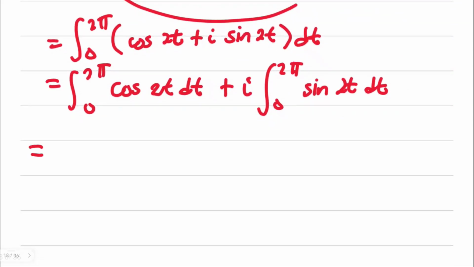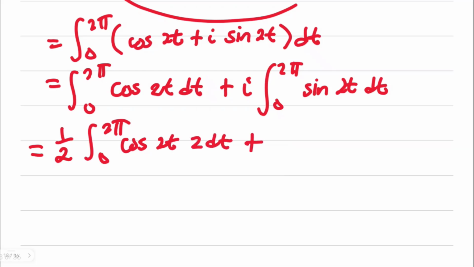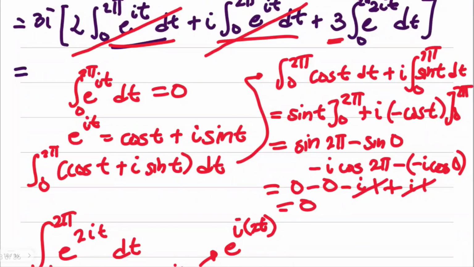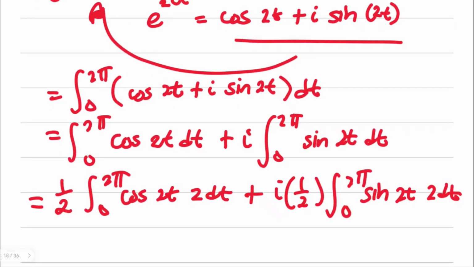So the integral of cosine 2t, if we're going to have cosine u du, you have here 1/2. Okay, so you have 1/2 times the integral from 0 to 2 pi of cosine 2t times 2 dt, right? Plus i times 1/2, similar thing, the integral from 0 to 2 pi of sine of 2t times 2 dt, so that we could actually integrate that, unlike the previous one, where it's just simply cosine t and then sine t. But the angle here now is 2t, so that we have 2 dt.